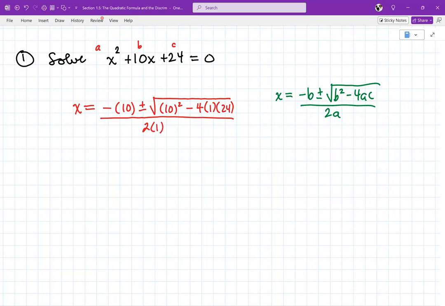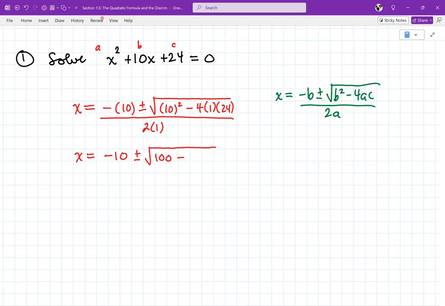The hardest thing about this formula, I know it's a big formula, okay? The hardest thing about this formula is keeping your numbers straight, being neat, okay? Because if you're messy, then mistakes happen, okay? So, x is equal to negative 10 plus or minus the square root of 10 squared, that's 100, minus 4 times 1 times 24.